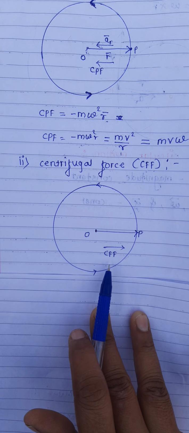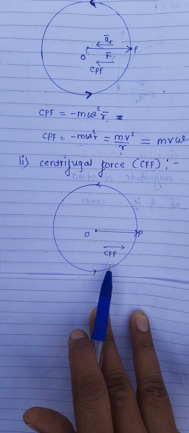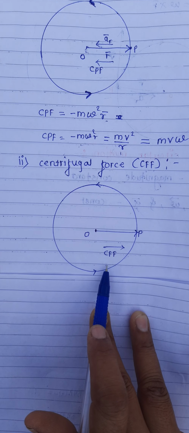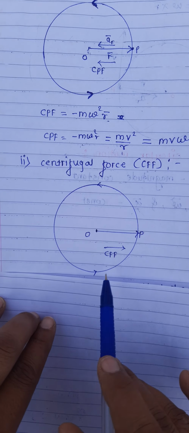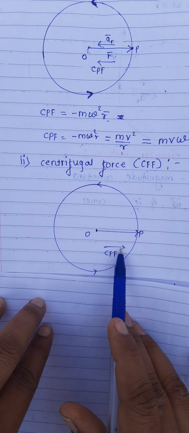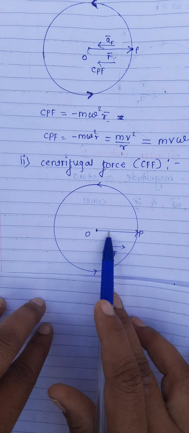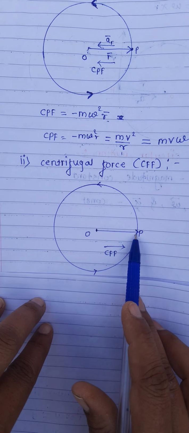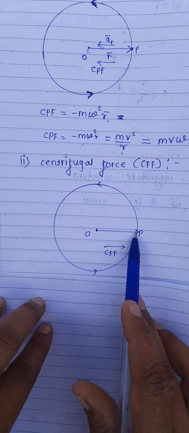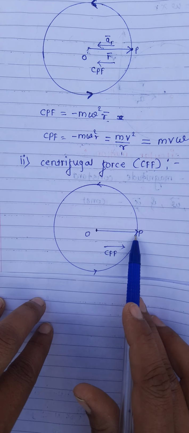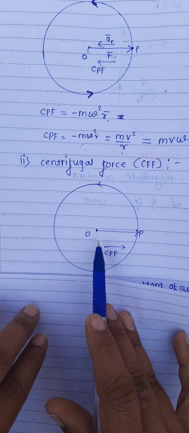This is a pseudo force. Centrifugal force is a pseudo force and centripetal force is a real force. The major difference between centripetal force and centrifugal force is that it is directed away from the center of the circle but again acts along the same path, as in the centripetal force, along the radius of the circle.